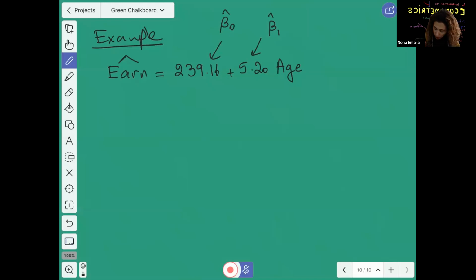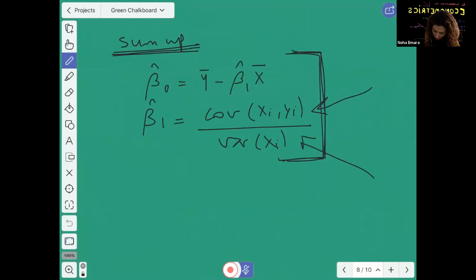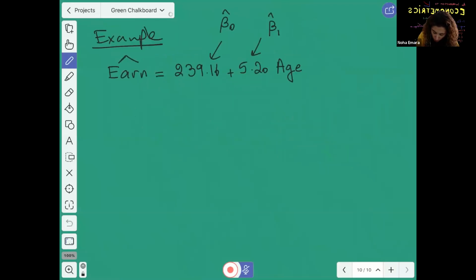The beta hat node is computed using this function, where this one is earnings bar, the average of earnings in the sample, and this one is age bar, or the mean of age in the sample. So once you have the mean of age and the mean of earnings, you can simply get the intercept, and with this information I can get the slope, which is the 520.